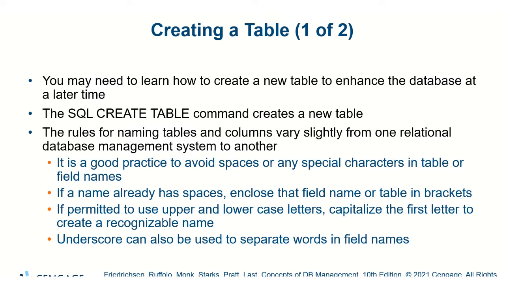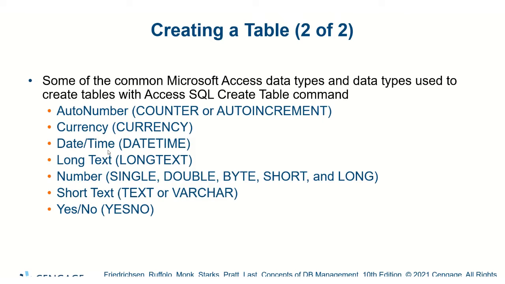It's a good practice to avoid spaces or any special characters in table or field names. If a name already has spaces, enclose that field or table name in brackets. Then, if permitted to use upper and lowercase letters, capitalize the first letter to create a recognizable name. Underscore can also be used to separate words in field names. Okay, so that's the way you have the table.